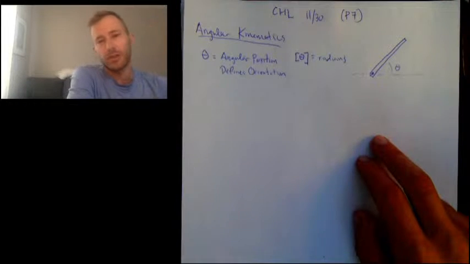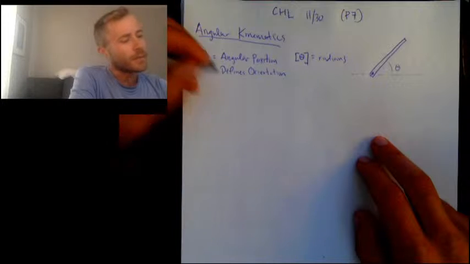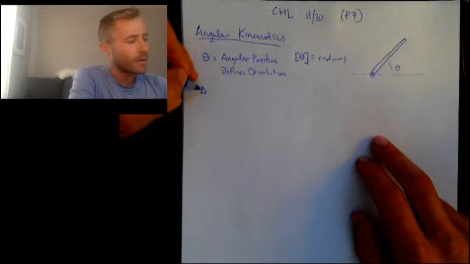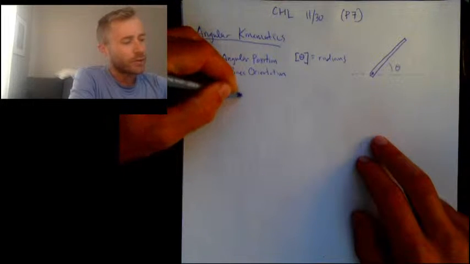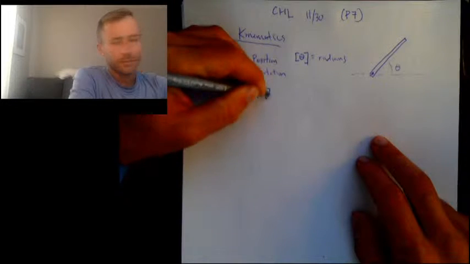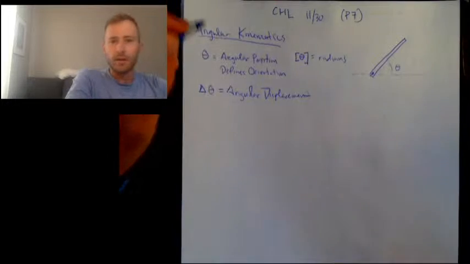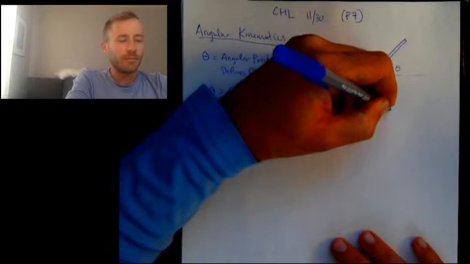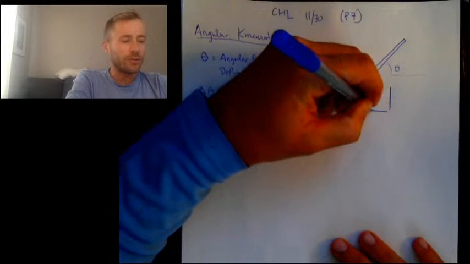For this lesson, we are going to use radians, and I'll explain why in a moment. Delta theta is called the angular displacement. So let's say that this rod goes from this position and then it rotates to this position.